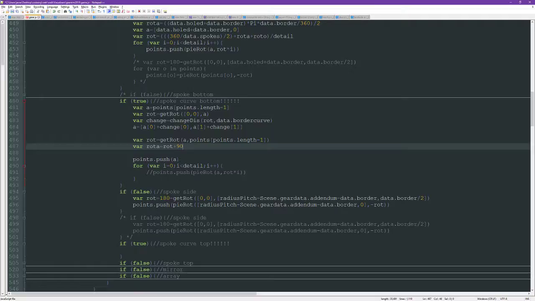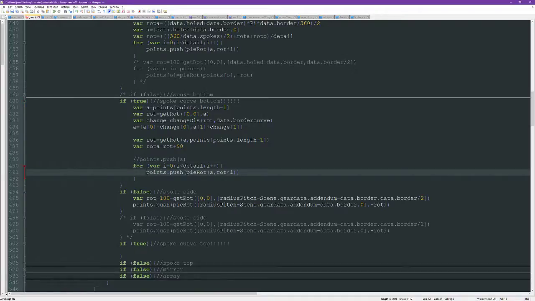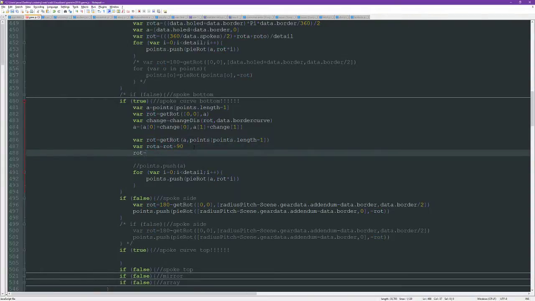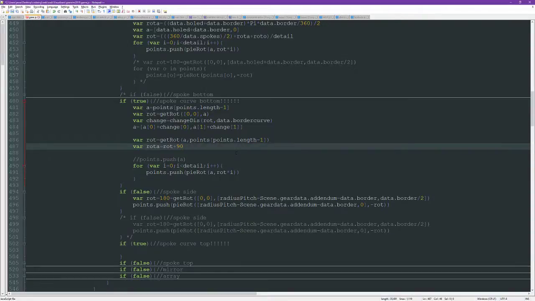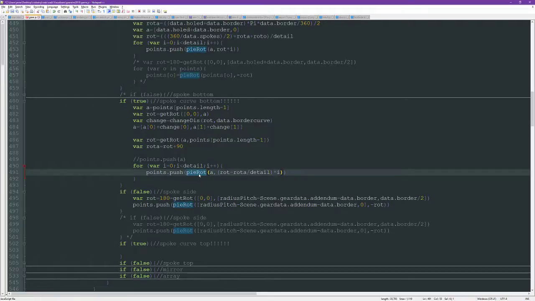Now I need to go through detail, which is going to be, I guess, rho minus rho A divided by detail times I, and we're vibrating A. Hang on.